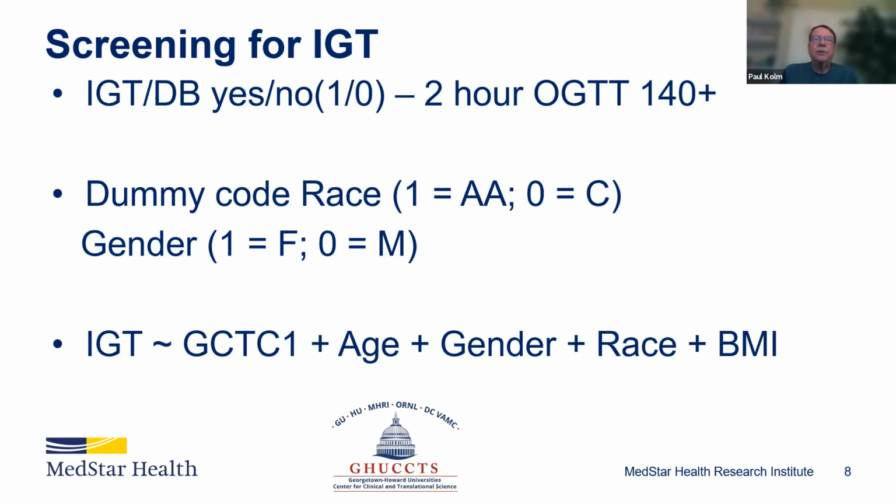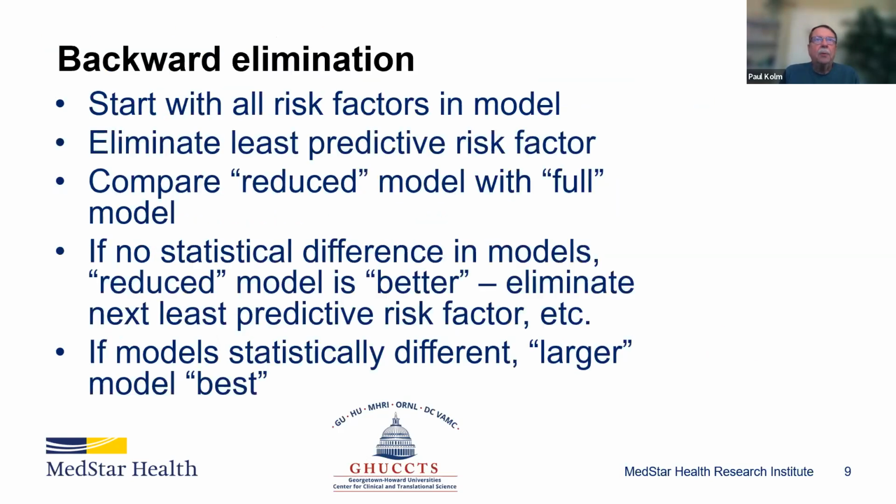And you noticed in this formulation here, this model, we've not included any interactions, which we'll look at later that we might want to do. But anyway, so we're going to do backward elimination.